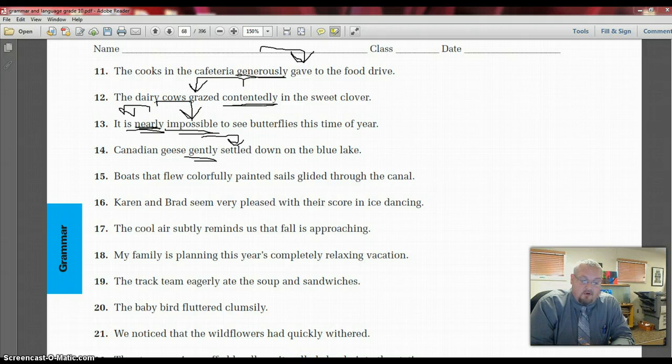Number 15, boats that flew colorfully painted sails glided through the canal. Colorfully is the adverb. Flew is the verb.